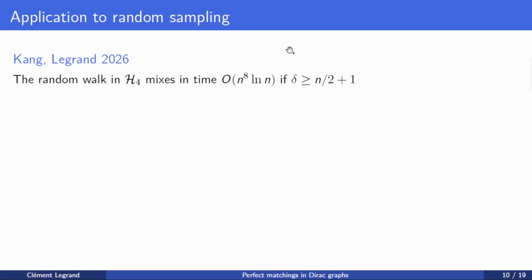So if you decide in advance, I'm interested in a 1/4 approximation, then for all n you will have the same bound here. But the dependence on this approximation factor can be huge. So usually it's log 1 over epsilon. Yeah. It's not that big.